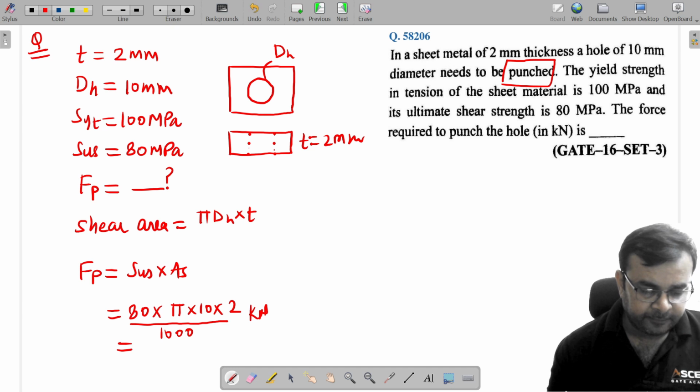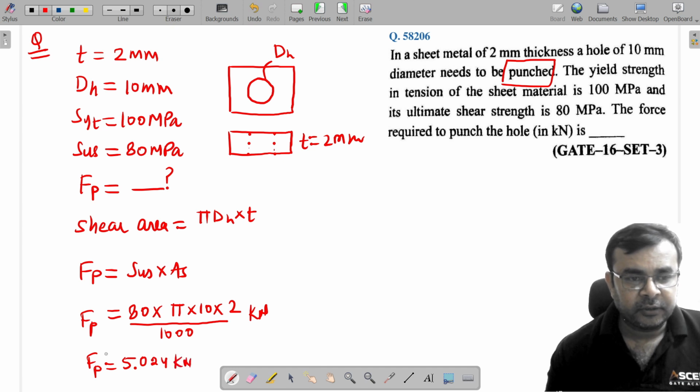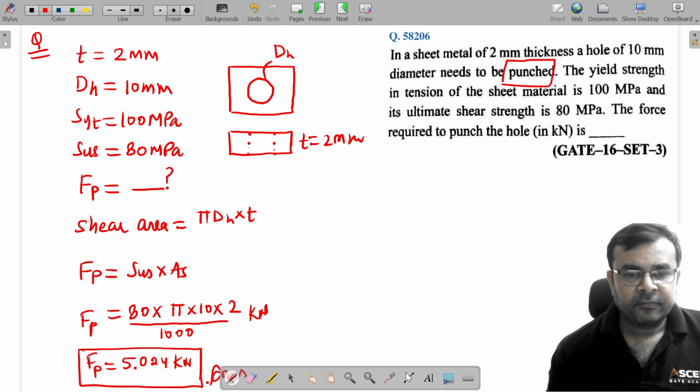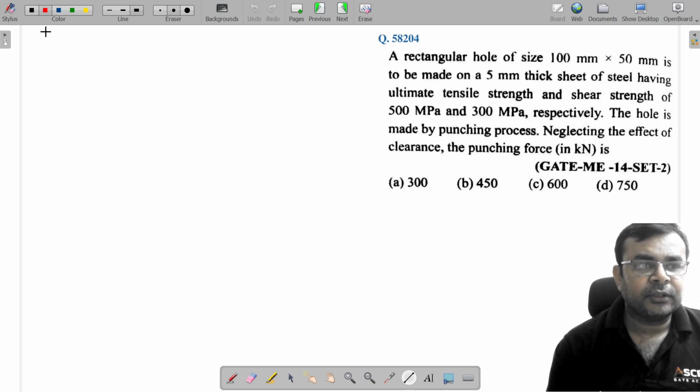From this we get 5.024 kilonewton. So FP is 5.024 kilonewton. This is the right answer. Is it clear? Okay, so let's see another question.